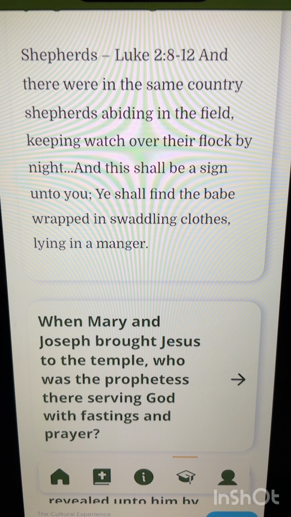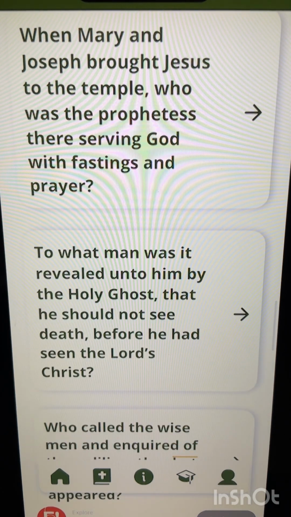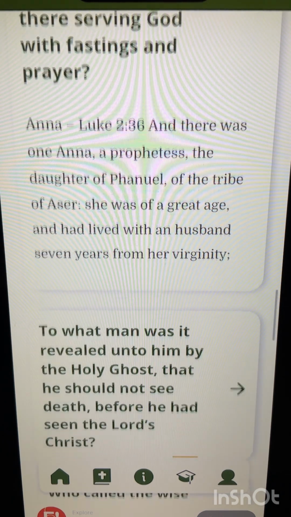And I'm going to do another one, which says, when Mary and Joseph brought Jesus to the temple, who was the prophetess there serving God with fasting and prayer? The answer is Anna.